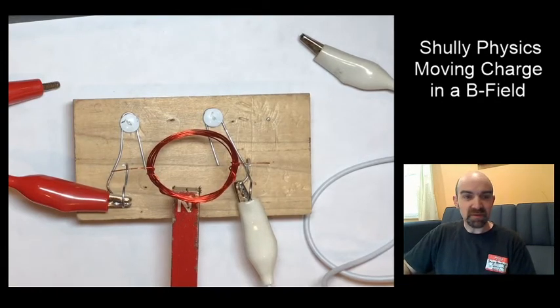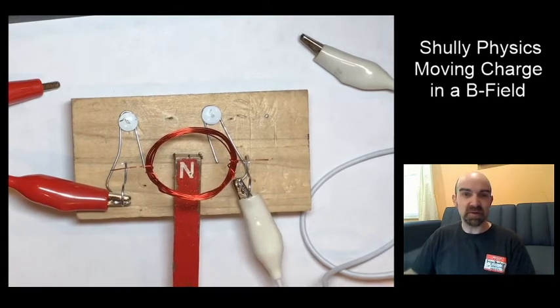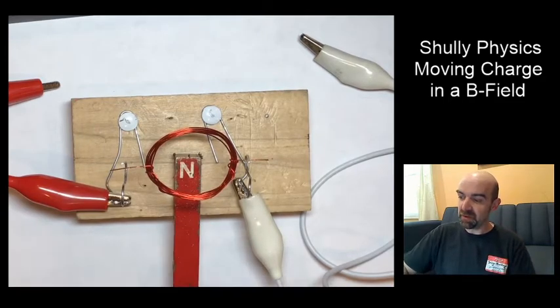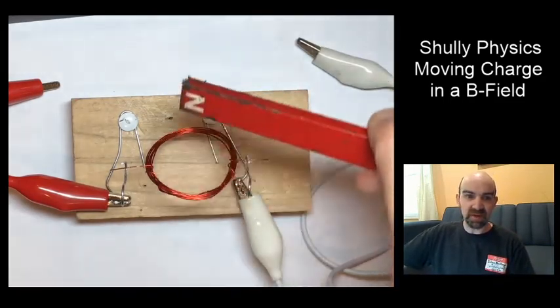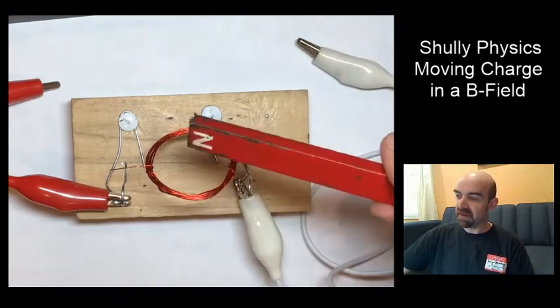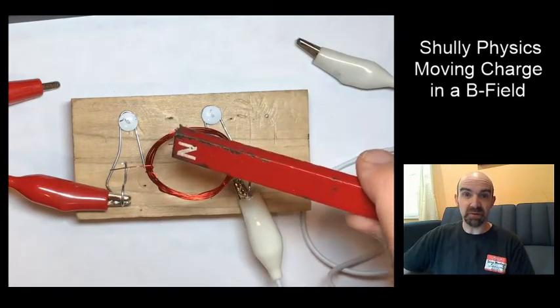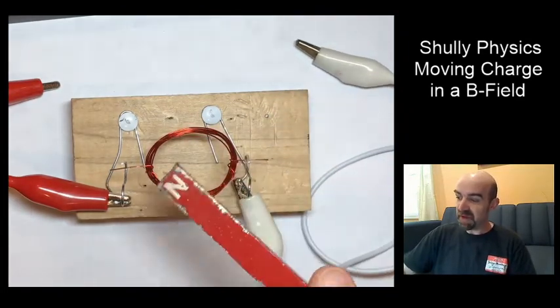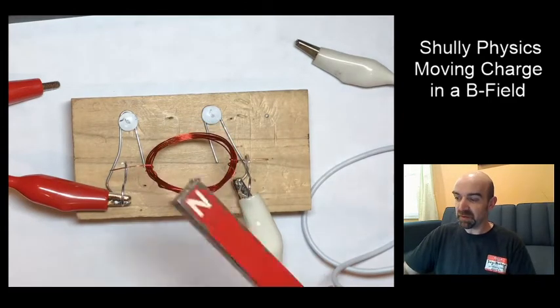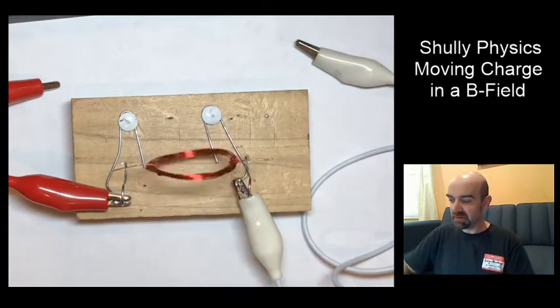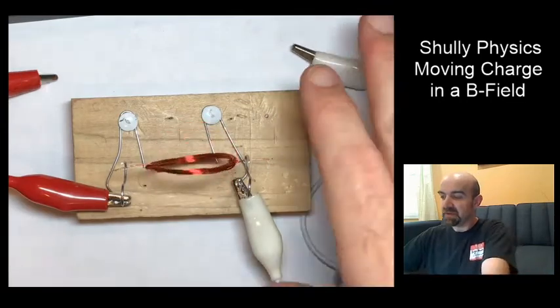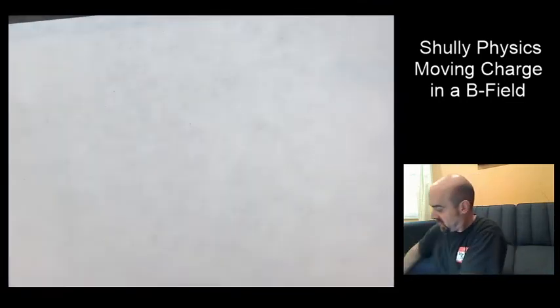Both a bar magnet and a coil are sources of magnetic fields, but that coil must have current flowing through it. You see it's disconnected here, otherwise there's no magnetism occurring at this point. I just pushed it by touching it. So I'm going to take this away and talk about this.